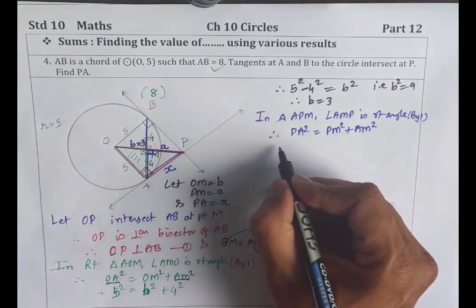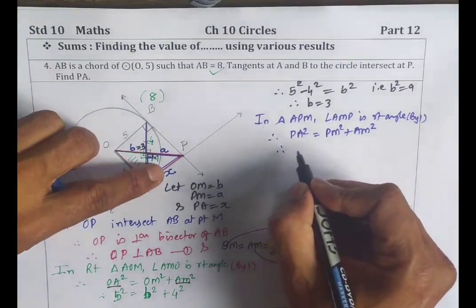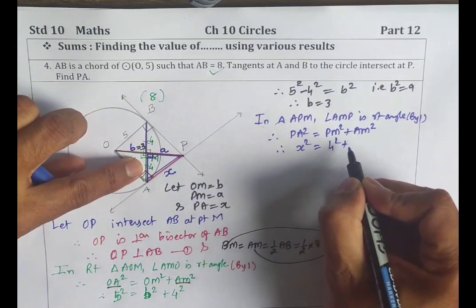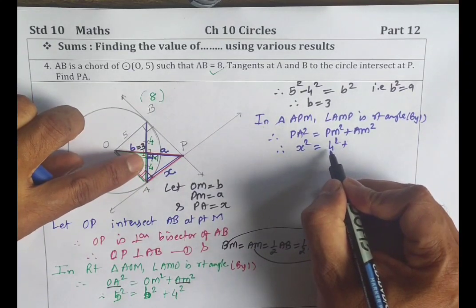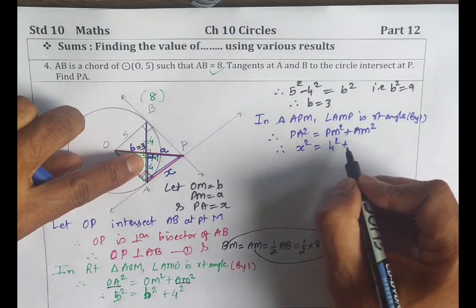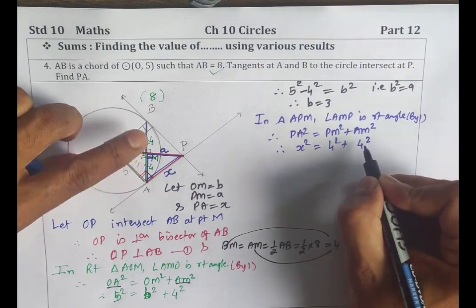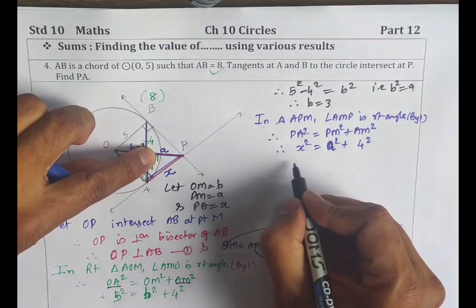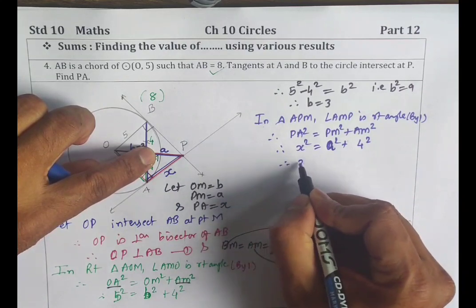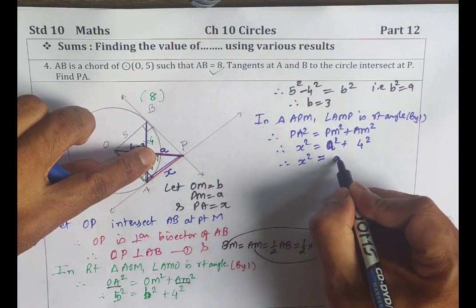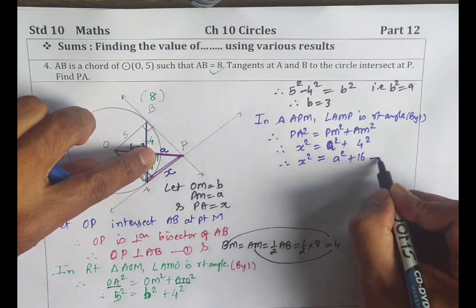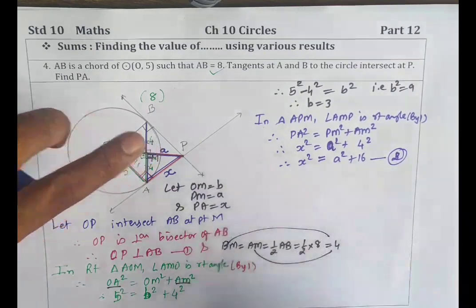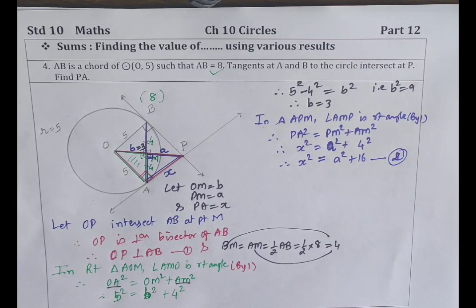Whatever values are available, we'll put. What is PA? X. So X square. That was AM, children. AM is 4 square. PM is this, which we have called A. So this is going to be A square. Alright, children. Therefore, X square is equal to A square plus 16. I'm going to call this result number 2. Alright. Here 2 variables are there, so nothing can be done.